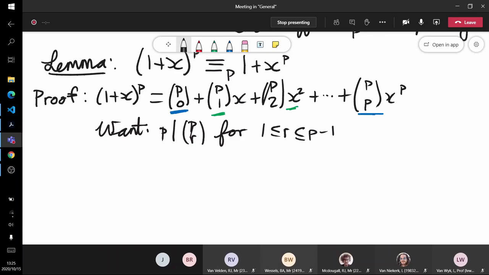Well, we can write p choose r in our factorial formula: p factorial over r factorial times (p minus r) factorial.